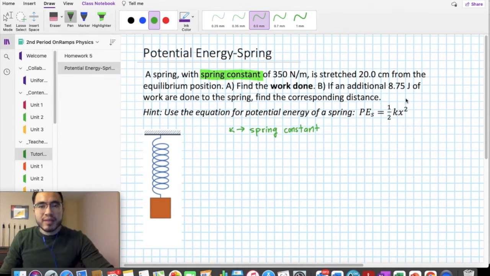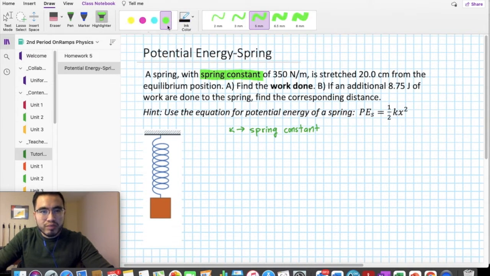And then the x, and this is the distance, right? Over here. That's what it means. X is distance. Let's just use blue here.